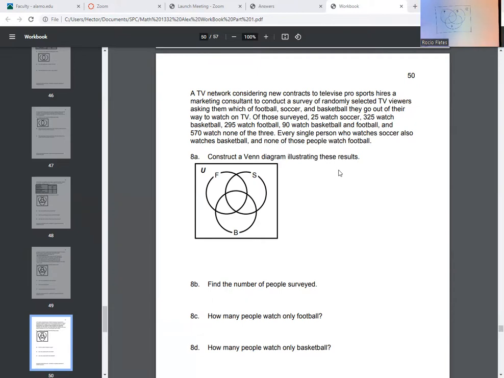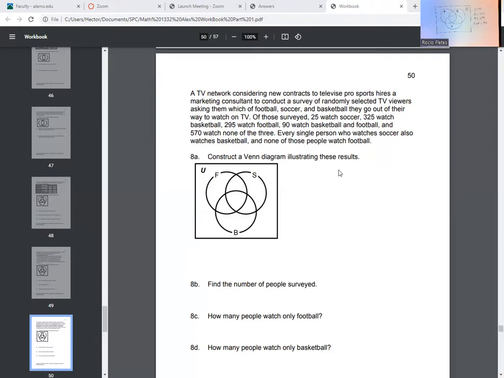Let's see. Okay, so 25. So S equals 25. Soccer is 25. 325 watch basketball. So B equals 325. And 295 football. So F equals 295. 90 basketball and football. So B and F, basketball and football, is 90.